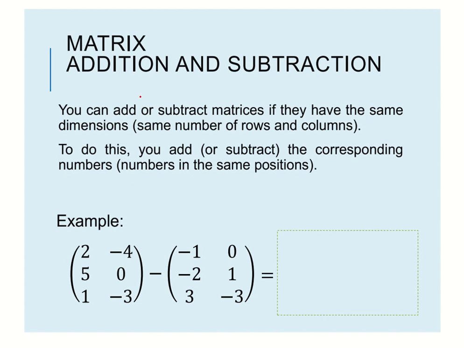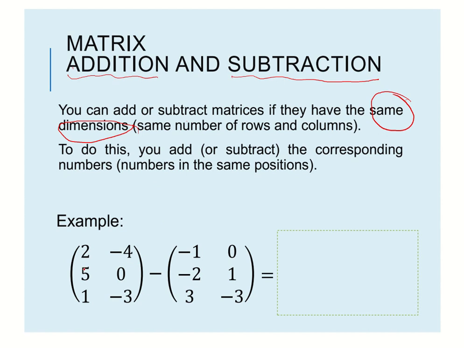Before we perform the addition and subtraction, the first thing we must check is whether the matrices have the same dimension or not. We can only perform addition and subtraction if they have the same dimension. So let's take a look at this example.